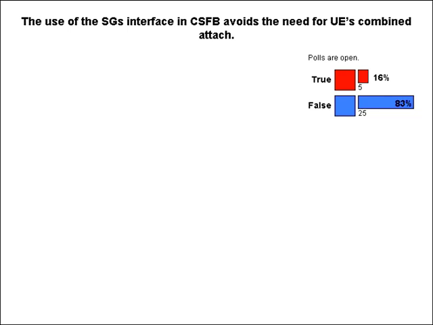Combined attach means attaching to the LTE network and also attaching to the legacy CS network. We have to do combined attach if we support CS fallback, because otherwise we cannot even use the SGS interface. That's how the legacy network becomes aware of the UE's existence.